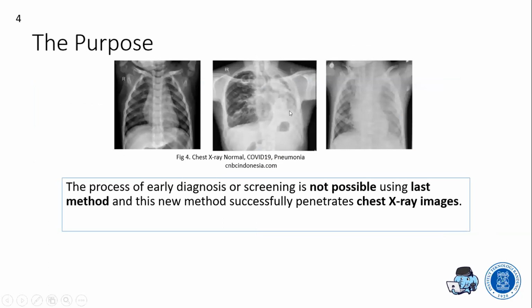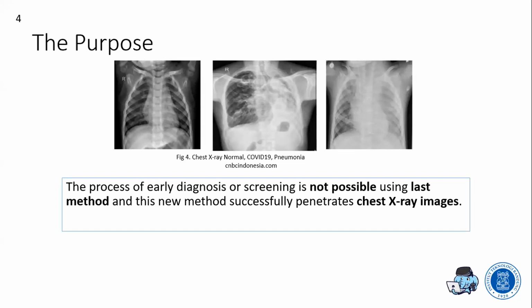The process of diagnosis or screening is not possible using the last method, and this new method successfully uses chest X-ray images. The X-ray data is considered capable of describing lung condition in COVID-19 patients and can be a clinical diagnostic tool. This strategy utilizes the COVID-19 radiographic dataset.